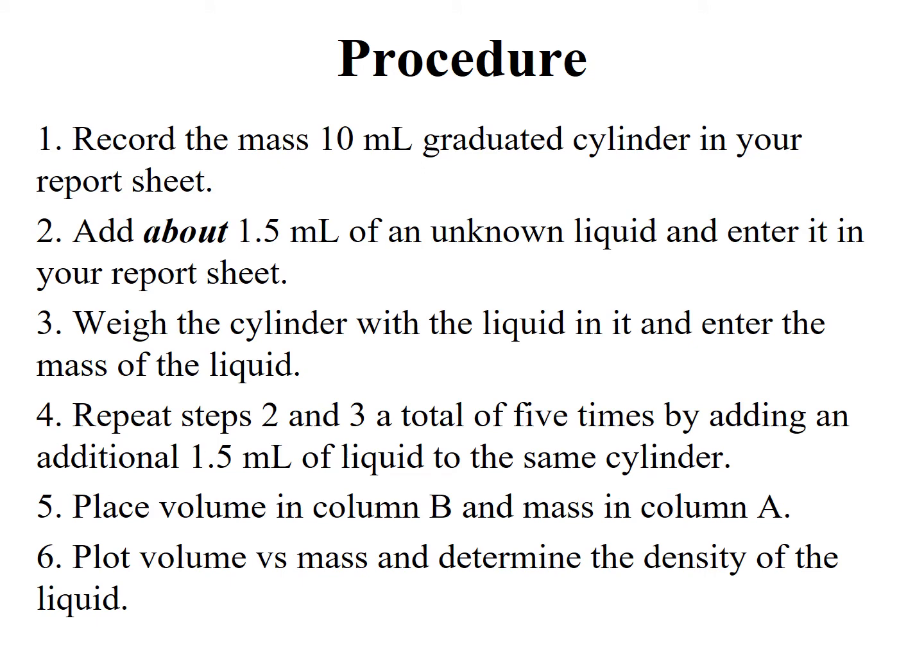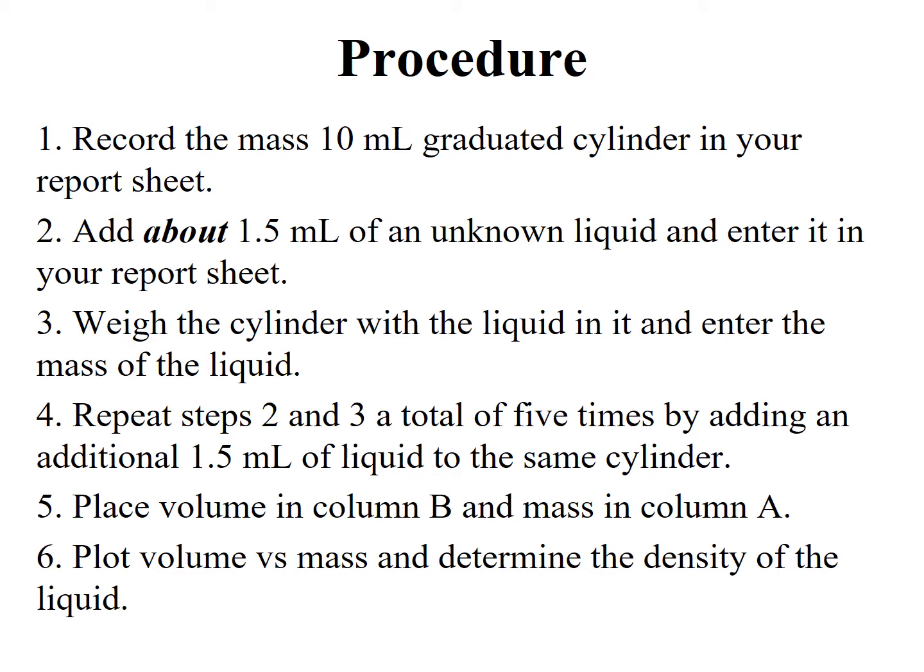In the next part of the experiment, you're going to determine the density of an unknown liquid. You're going to have here a graduated cylinder and dispensing material to put the amount of liquid into the graduated cylinder.